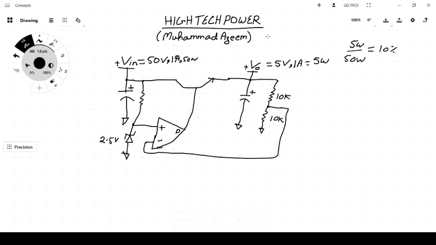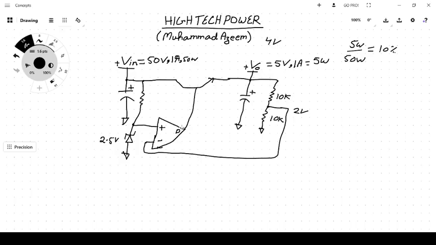Suppose the other case, that the output voltage is now 4 volt. Due to 4 volt, the resistor divider will produce 2 volt, and that 2 volt would go to the negative input terminal of the op-amp. Because 2 volt is less in magnitude than 2.5 volt at the positive terminal, the positive terminal is now at a higher level, and the output of the op-amp would go to a higher level.